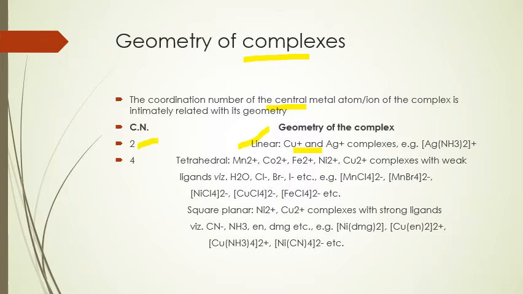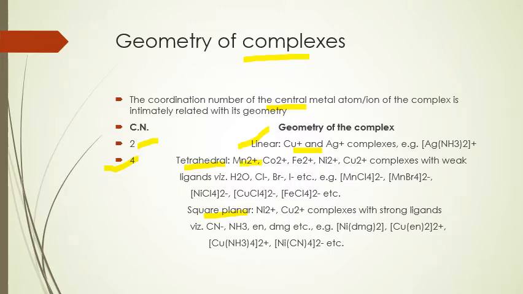Okay, and if we have the coordination number 4, we have two types of geometry. One is tetrahedral and the other is square planar. With the coordination number 4, we have two geometries of the complexes.